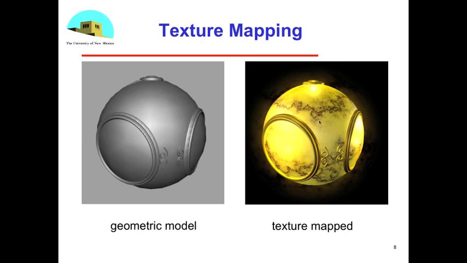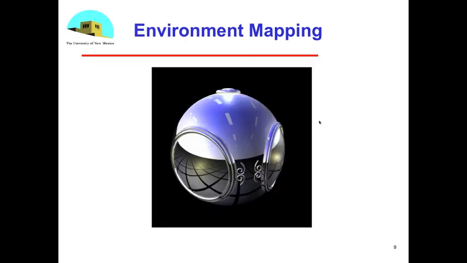and then map the image onto the geometry. Now here's an environmental map which is showing the same object reflecting some environment, where this environment in this case was done by computing it with a separate rendering, but it could have been from a picture. We'll be talking about this in another lecture or two.